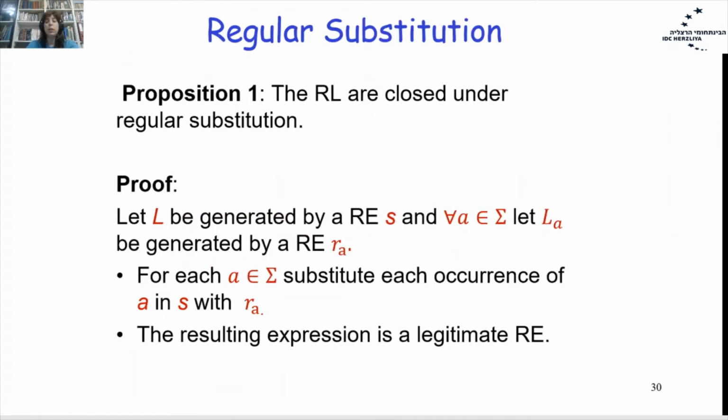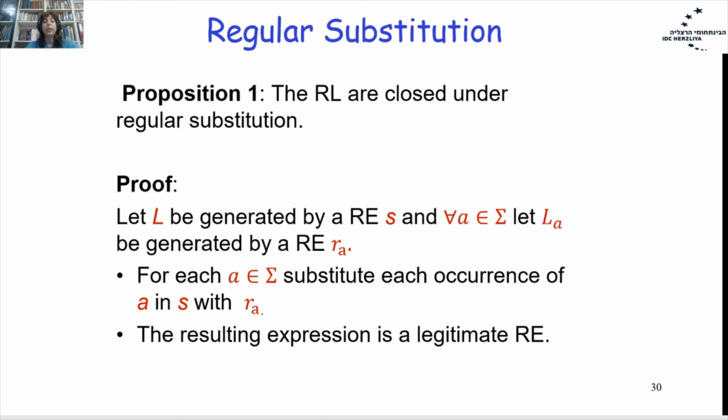Let's talk a little bit more about regular substitution. We will use the following proposition. The regular languages are closed under a regular substitution, and we will prove this proposition. Let L be generated by some regular expression S, and for each letter A in sigma, let LA be generated by some regular expression RA.